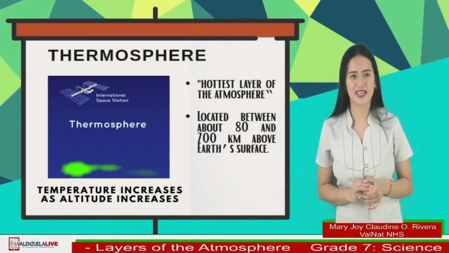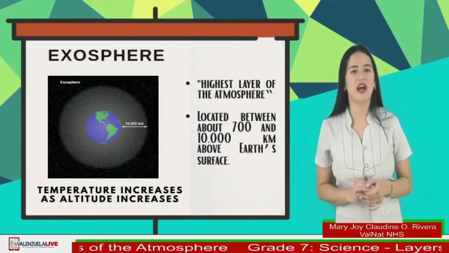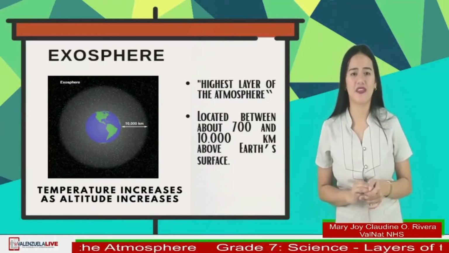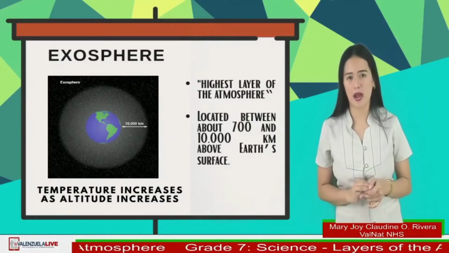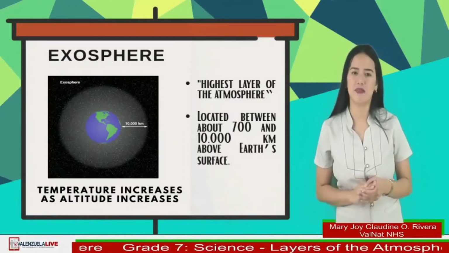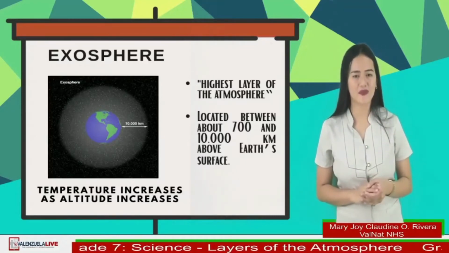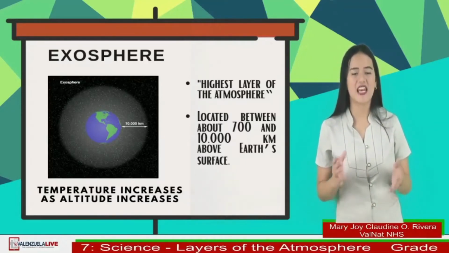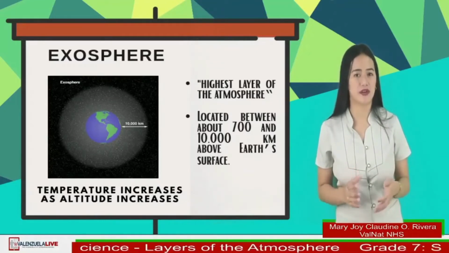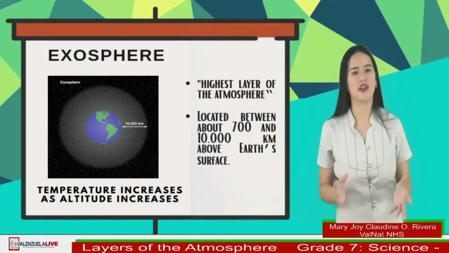And lastly is the exosphere, located between about 710 and 10,000 kilometers, or about 440 and 6,200 miles above Earth's surface. The exosphere is the highest layer of Earth's atmosphere and at its top merges with the solar wind.